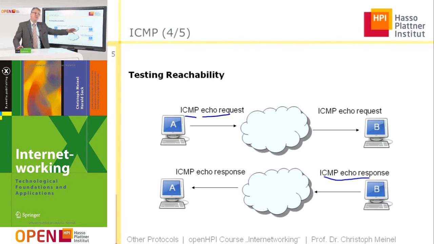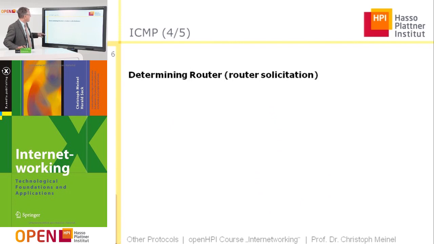This is transported, encapsulated inside an IP packet back to host A, and after receiving this ICMP message, host A knows, yes, host B is reachable. Otherwise, there is a failure message.